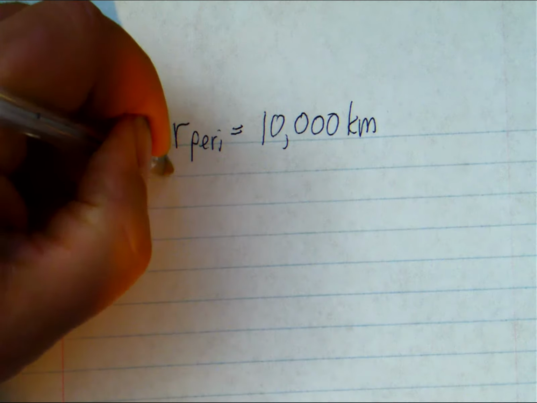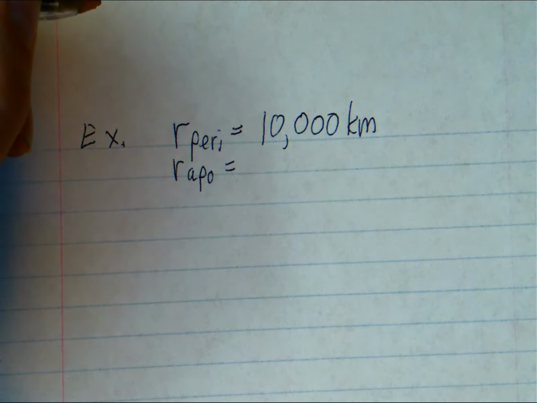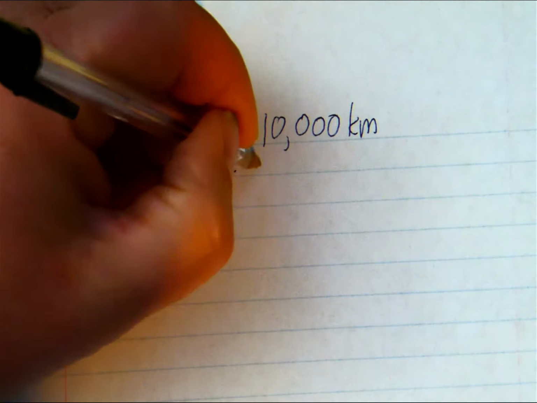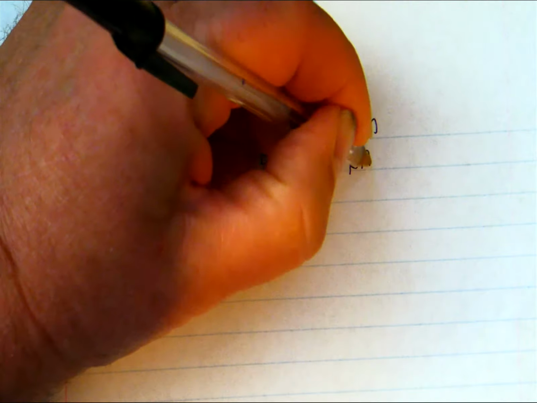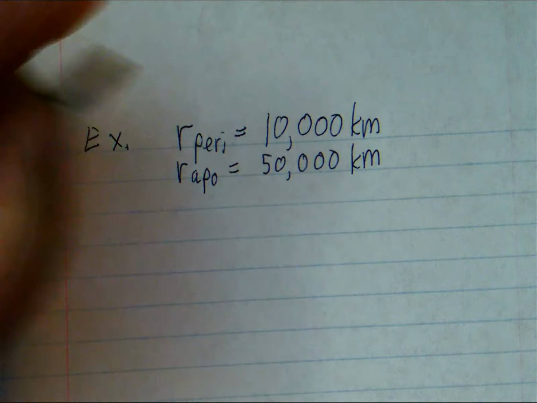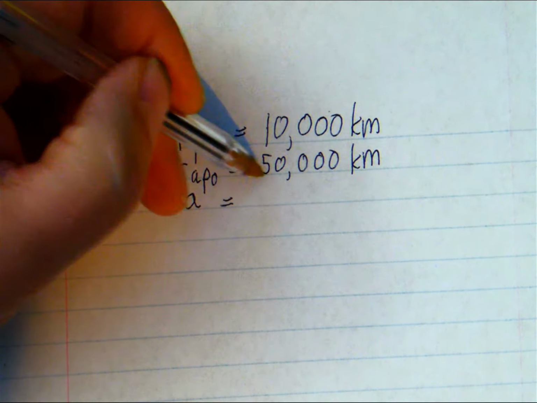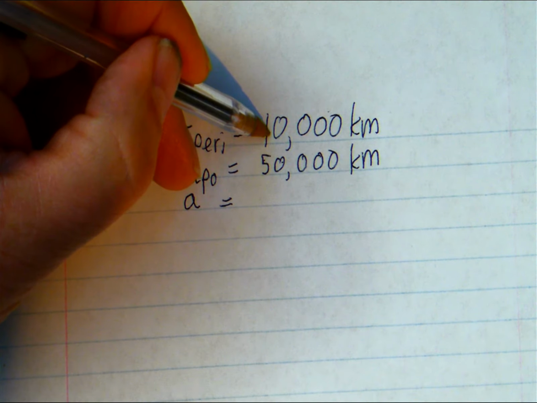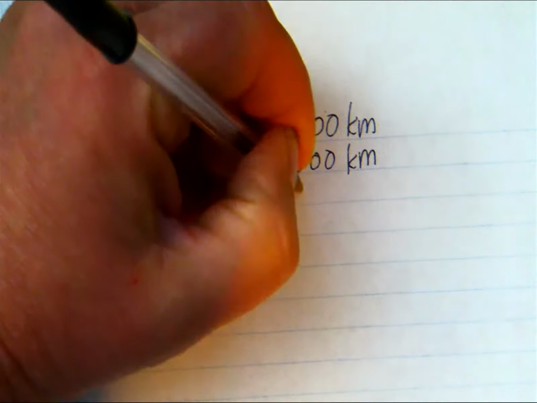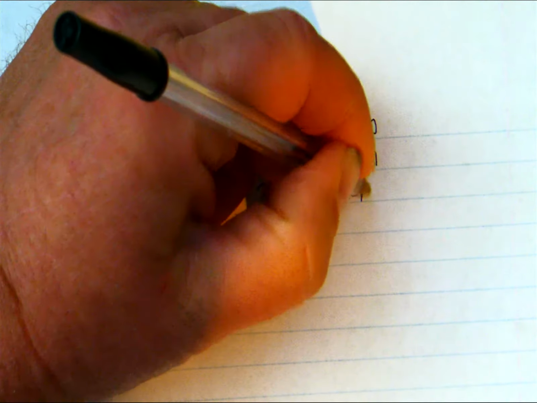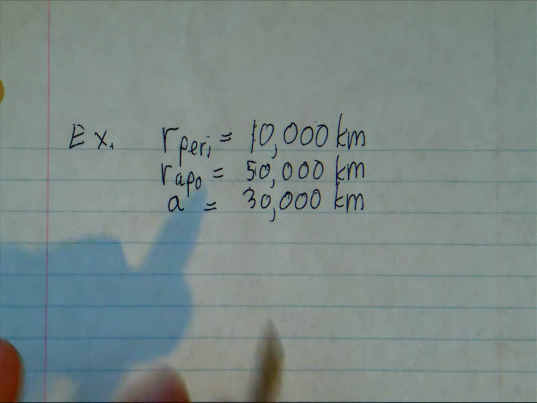But this time I'll say my apoapsis distance, let's say it's 50,000 kilometers, just to have a different example. Why, then my semi-major axis would be 10 plus 50 is 60. 60 divided by 2 is 30. So my average orbital radius, my semi-major axis for this elliptical orbit, would be 30,000 kilometers.